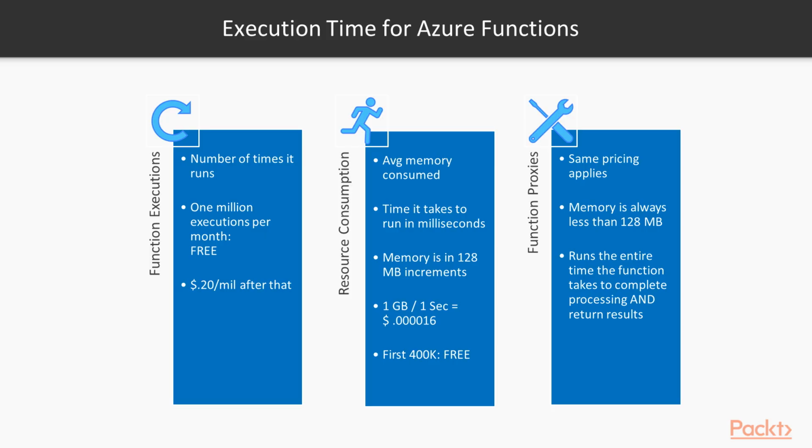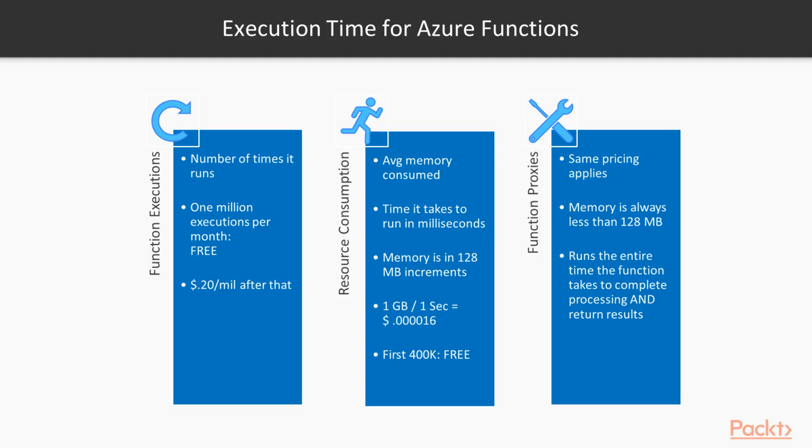And it also considers the time that it takes to run, and it uses that in milliseconds. The memory is in 128 megabyte increments, and it goes up to about 1.5 gigs. It calculates it at 1 gig for each 1 second. So 1 gigabyte of memory for 1 second costs, well, about 1.5/1000th of a penny.